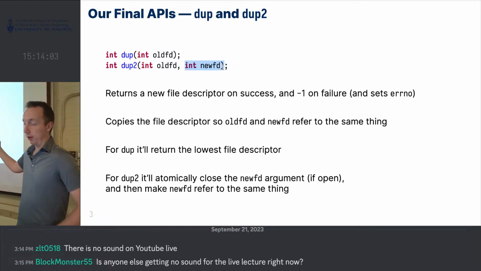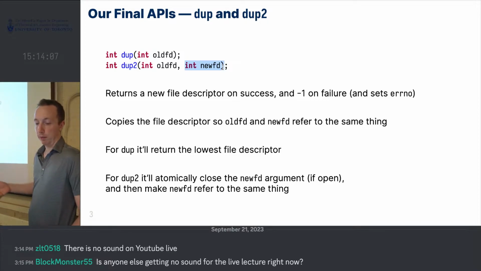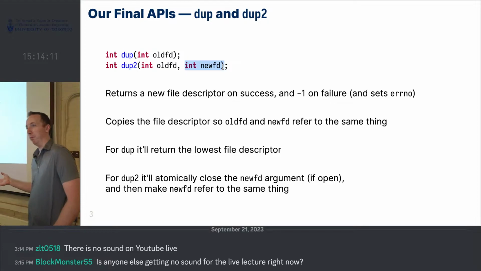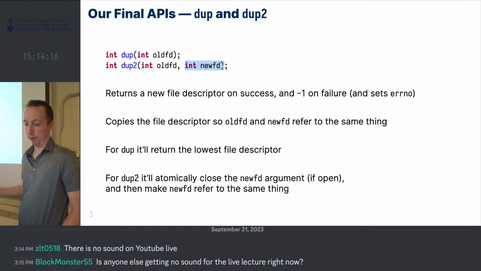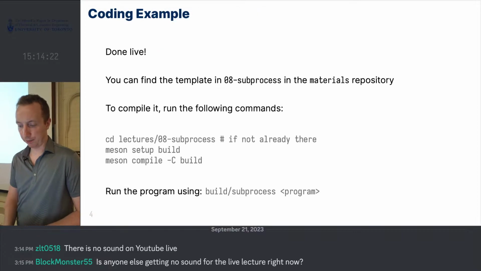It will close 0 if it is a valid file descriptor, and then it will make oldfd, whatever it points to, also point to 0. So it's an easier way to target what file descriptor we want to replace. It just makes our life a bit easier, and we'll see how to use that.